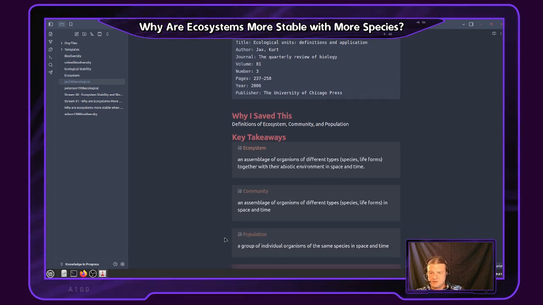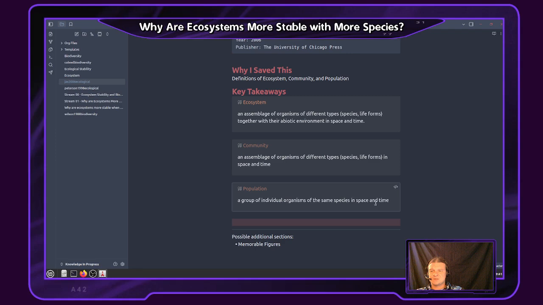A population is a group of individual organisms of the same species in space and time. So this is a group in space and time of organisms of the same species. So a community is a collection of populations. An ecosystem is a community and the non-living components with which it interacts.